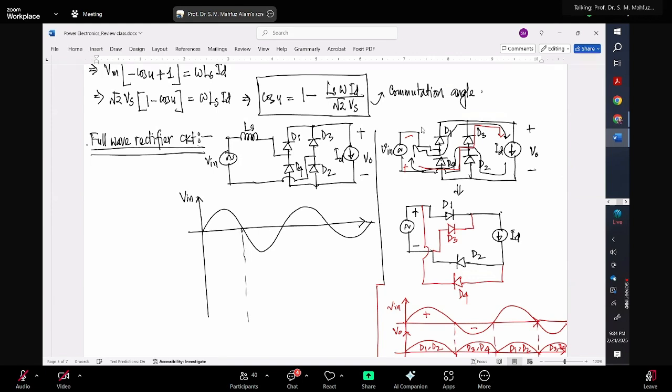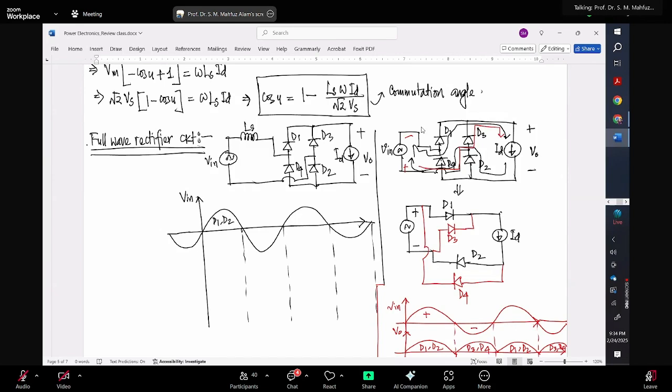So if I draw this thing, now, if I consider the negative portion also here, can anybody tell for the positive half cycle which one tends to operate?